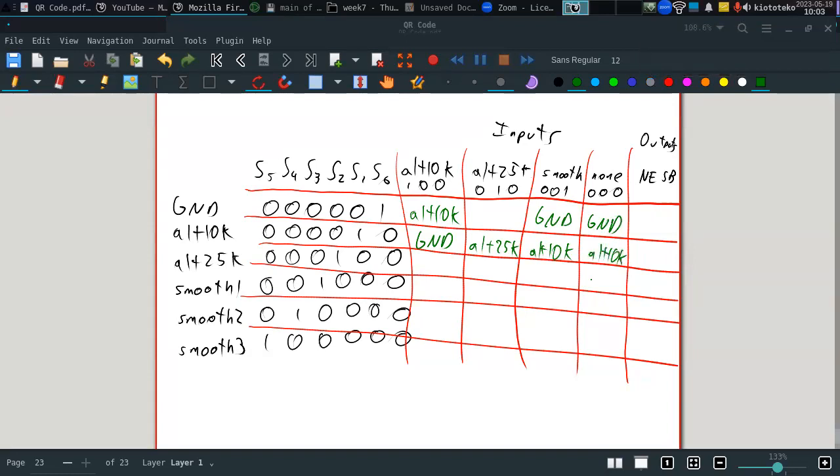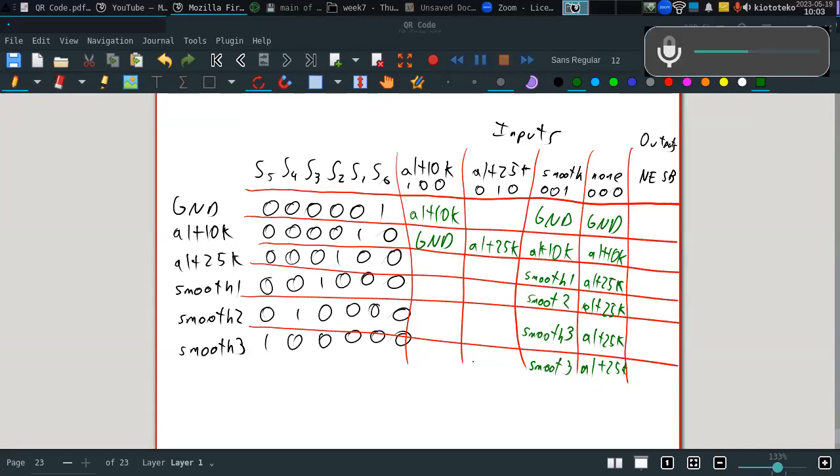Okay. 25K, 25K, 25K, 25K. You have here, you go to smooth 1, smooth 2, smooth 3, smooth 3.